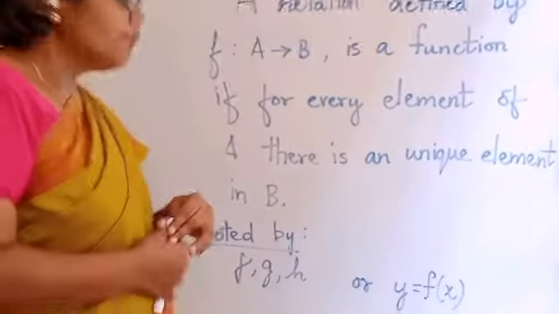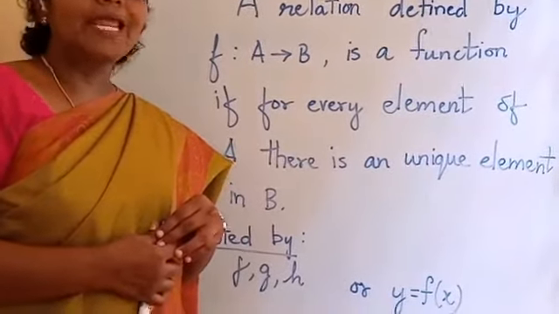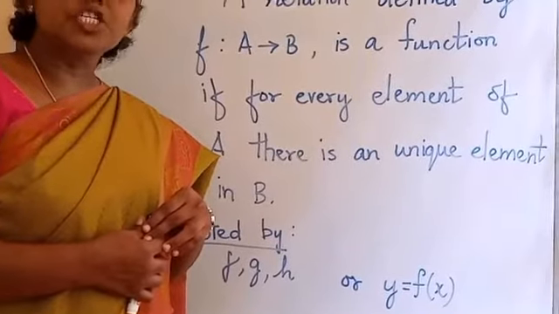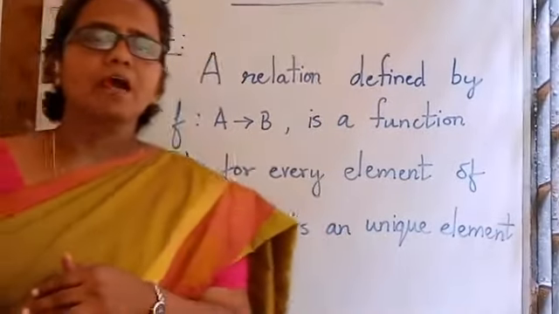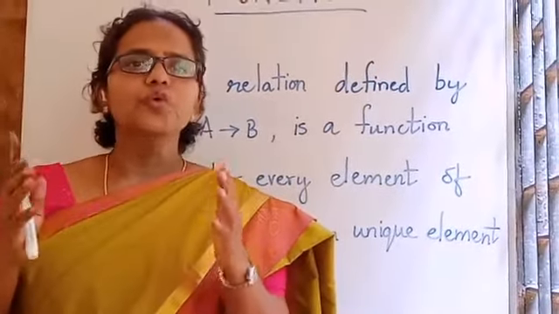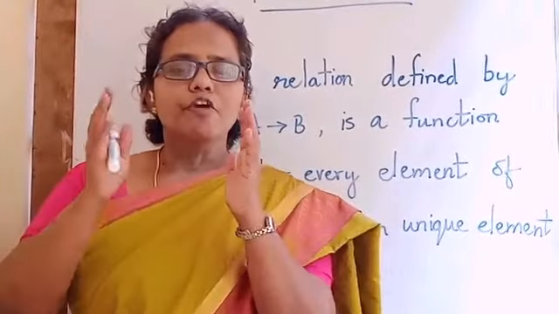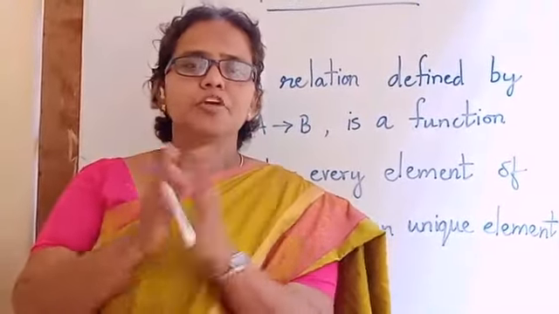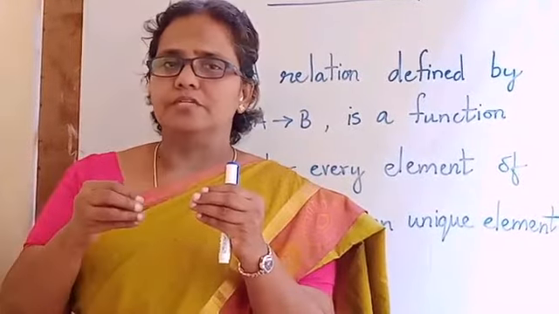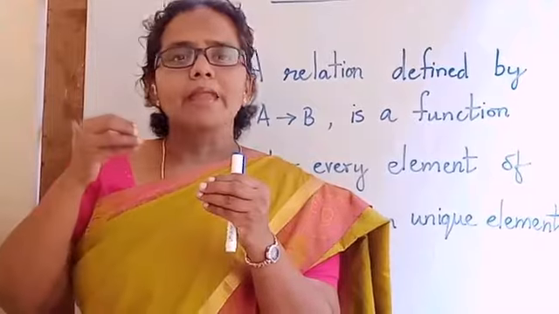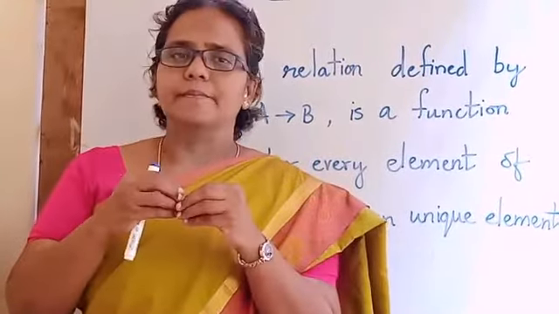Now, before going into the mathematical definition of a function, let me explain what a function is in layman's terms. A function can be viewed as a machine. For a machine to work, there must be some input given, and based on that input, the machine will respond.